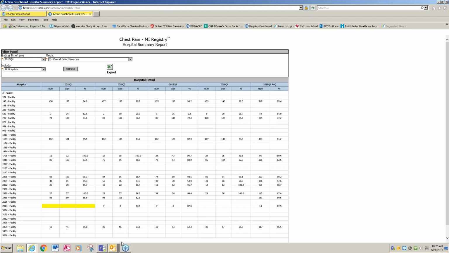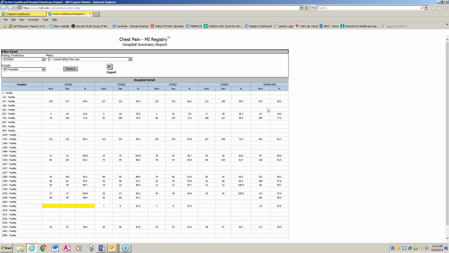So the overall defect-free care represents the percentage of patients that had perfect care. All the metrics included in the perfect care STEMI package are 11 points, like aspirin on arrival, evaluation of LV systolic function, aspirin at discharge, beta blocker at discharge.